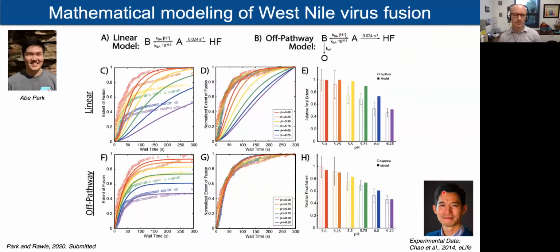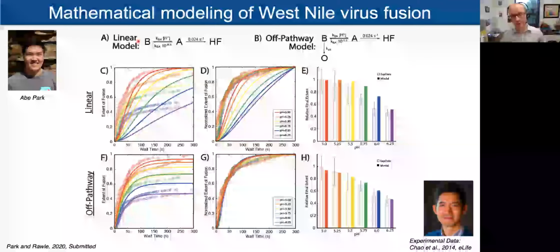All these open circles are the data. Again, not diving into it too much, Abe showed that sure enough, the off-pathway model fits much better to the experimental data than any of the linear models. So this seems to hold true for not just Zika virus, but maybe other viruses in the family as well.